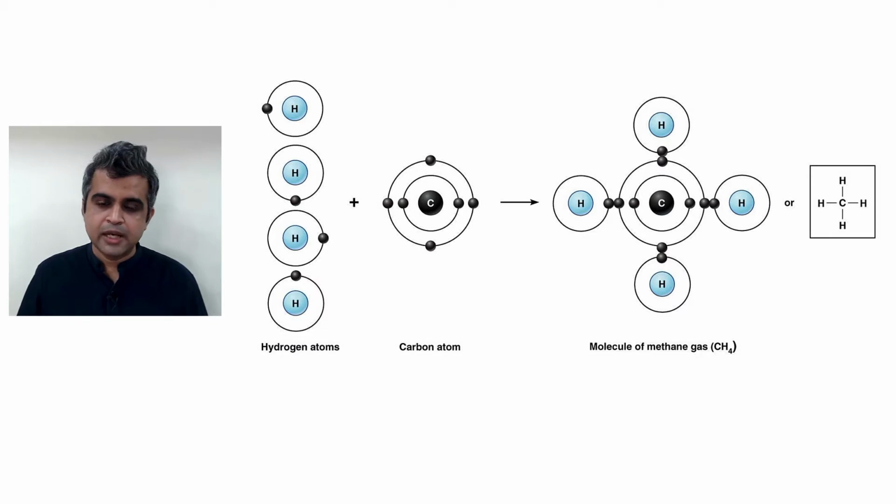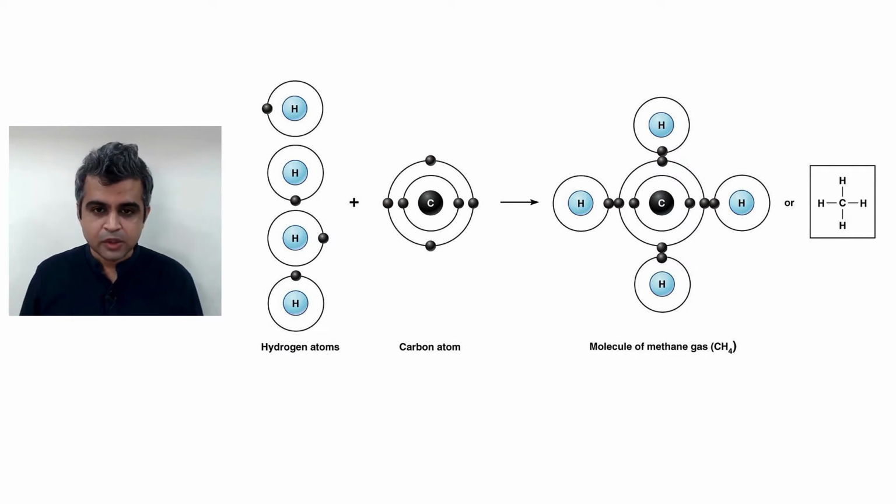The hydrogen atom, on the other hand, is only going to have 1 electron in its outermost shell, which is also its first shell. So hydrogen will share electrons with carbon, carbon will share its electron with hydrogen, and together they will form methane, CH4, where in the outermost orbital their electrons are being shared, as you can see in the diagram on that side. So this methane is an example of a covalently bonded molecule.